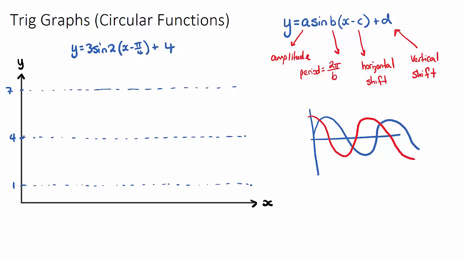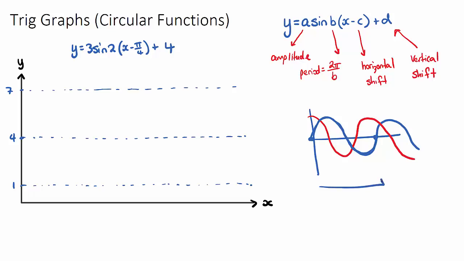Now, a sine function should start at its middle, but there has been a horizontal shift, which we will look at. But the third thing I do want to look at is this b value of 2. Now, this is to do with how skinny and wide our functions are, and there's a formula. The period of our circular function, and one period will be from when it starts to when it finishes and then starts repeating itself.